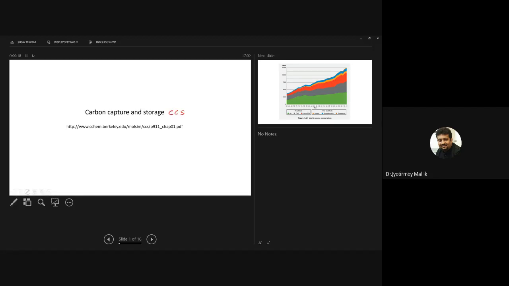There is another new term which people use nowadays, which we call CCUS, where this stands for carbon capture, utilization, and storage.